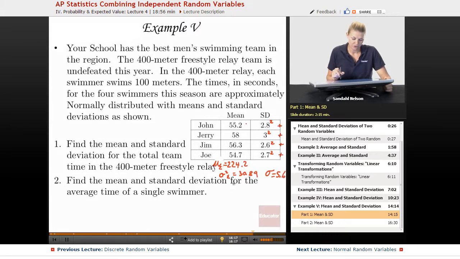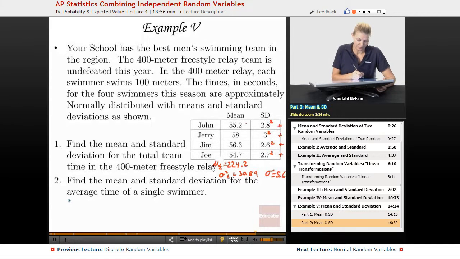Find the mean and standard deviation for the average time of a single swimmer. So not one person, but the average for one person across the whole team. So we should know that the average, right, which is just the mean, is the sum of all of them divided by how many there are. So it would be the sum of all of my x's divided by 4 of them.